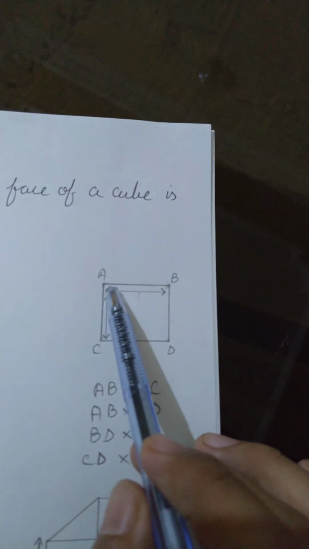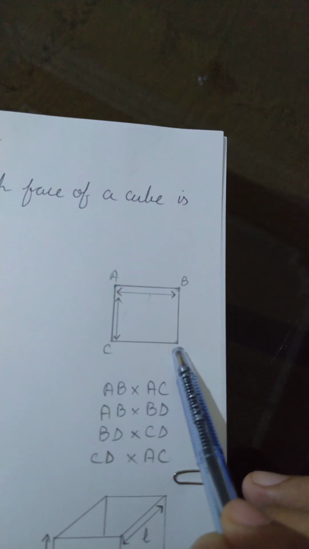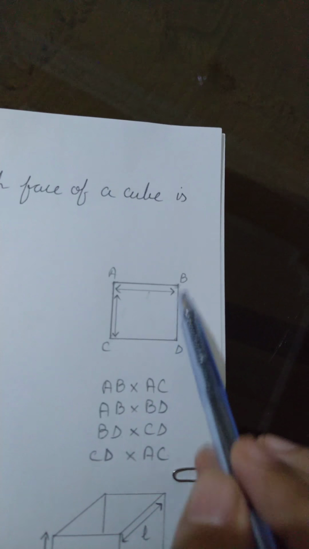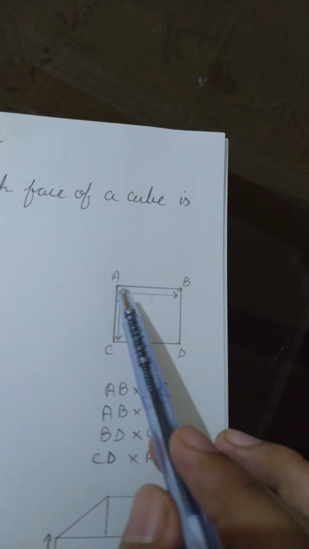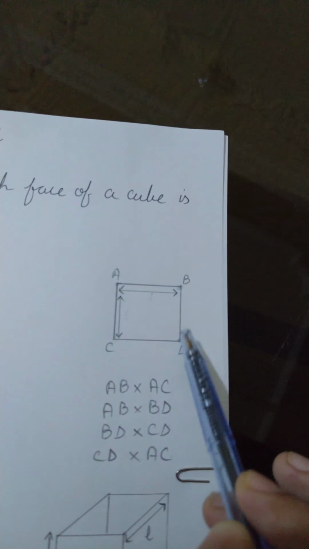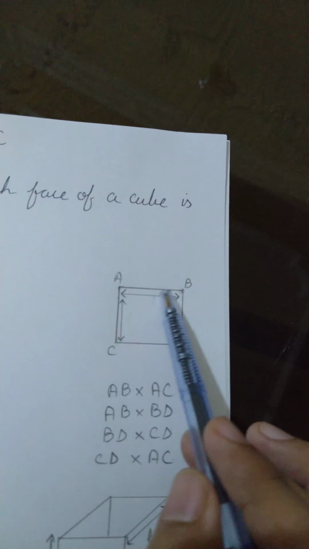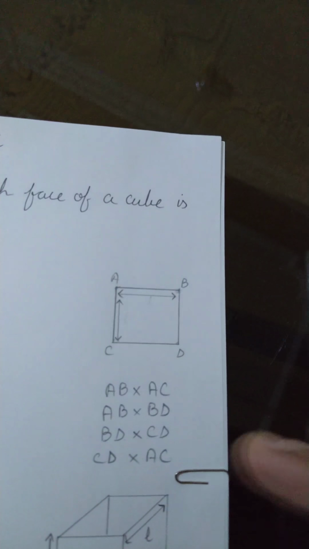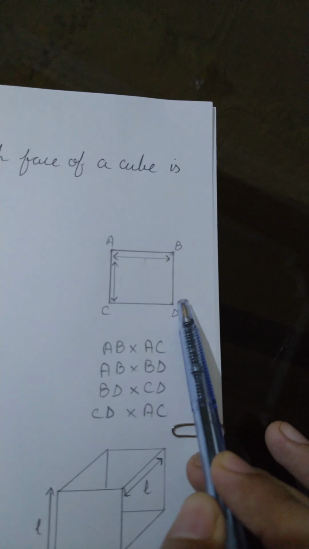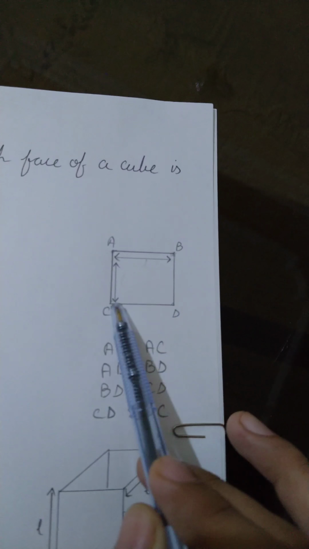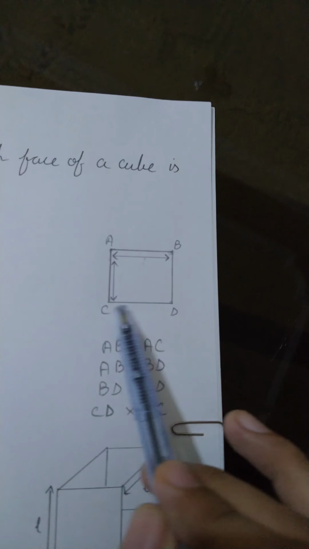Also, side AB and side BD can be taken to find the area. Side AB and side BD have a common point, point B. So I can easily multiply AB and BD. Also, side BD is adjacent to side CD, so I can multiply these two sides as well.